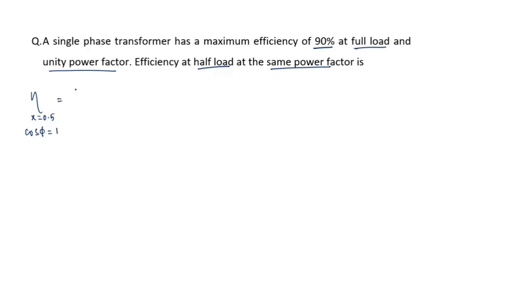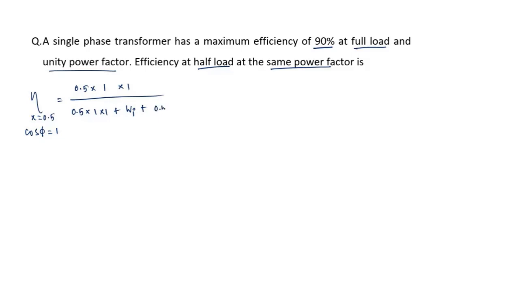So what is the formula? X into E2 into I2 into cos phi2. X value is 0.5 into E2 I2. We do not know any rating, so I'm simply writing it in terms of kilowatts into power factor unity, divided by 0.5 into kilowatts plus iron losses, which we do not know, and copper losses, which we do not know.